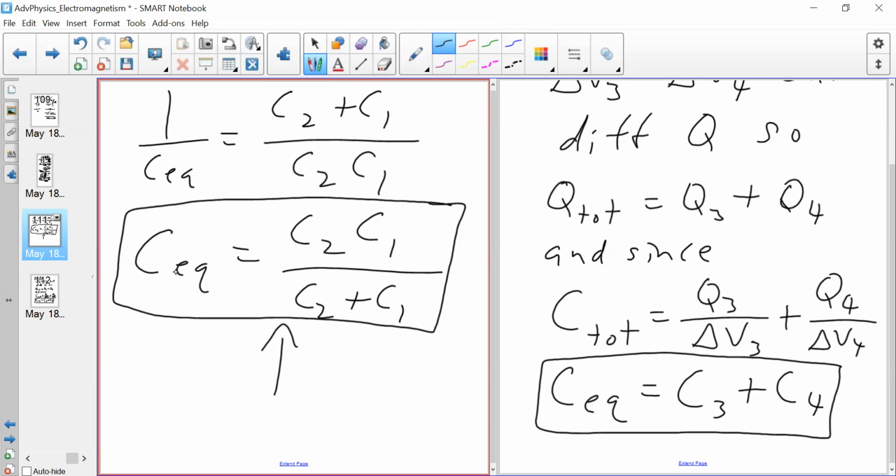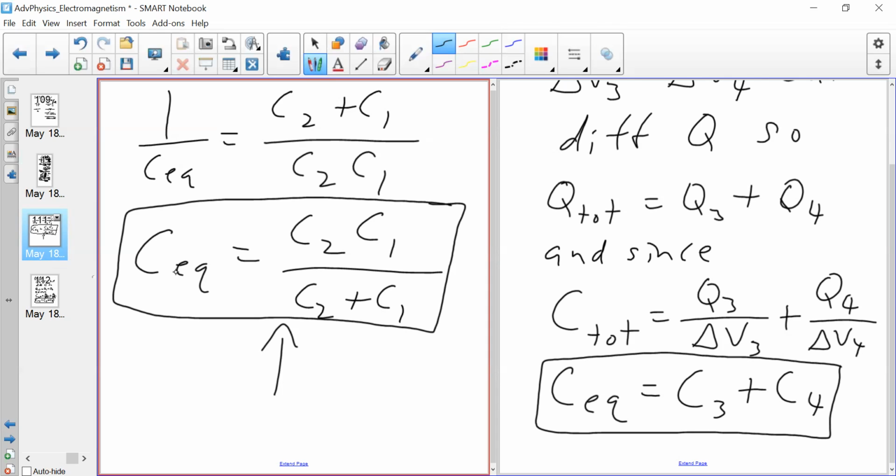So, some combinations. I want to go through energy in a capacitor, and that'll be our last bit. Then we can do some examples as we close off.